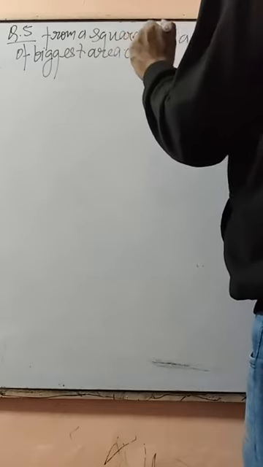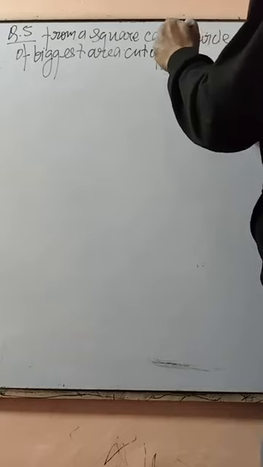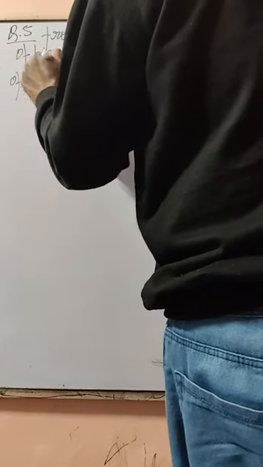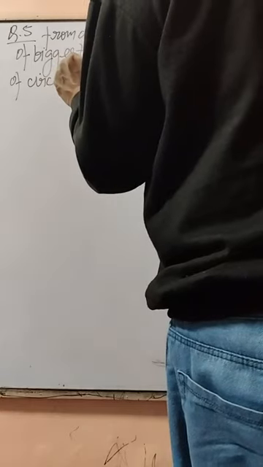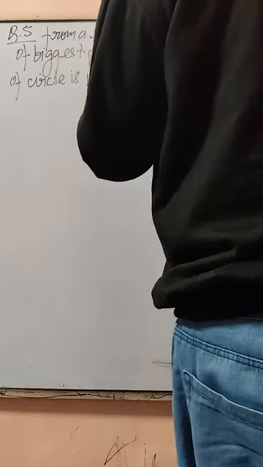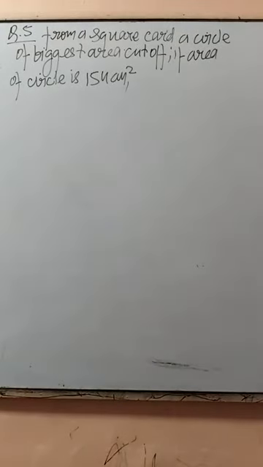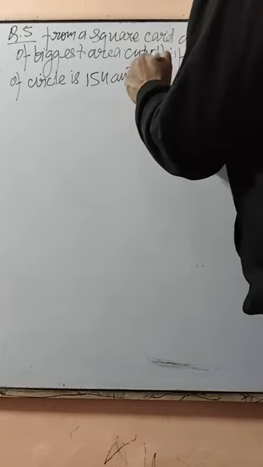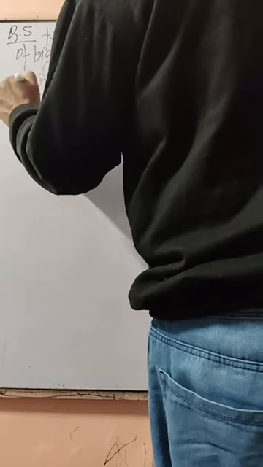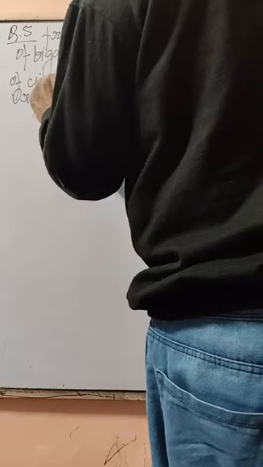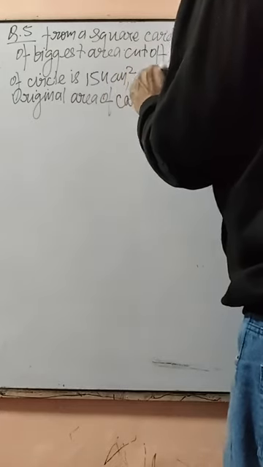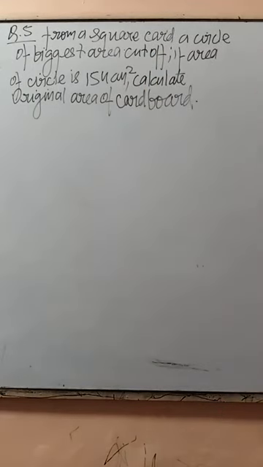If the area of the circle is 154 centimeter square, calculate the original area of the cardboard. Right? This is your question.